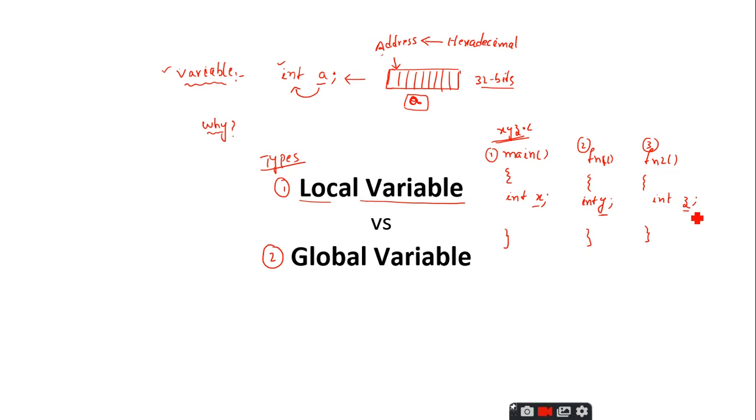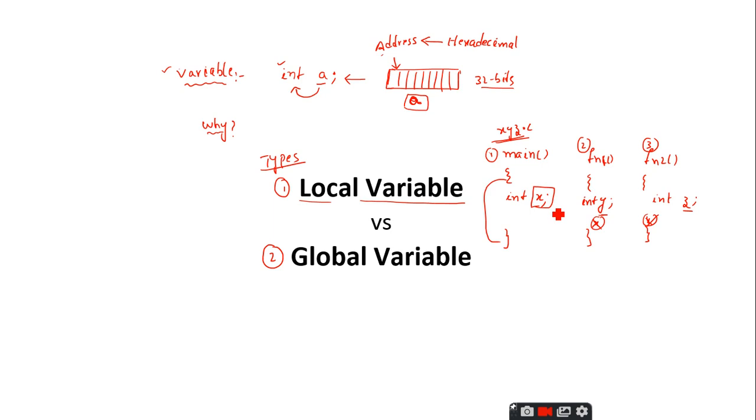What I mean by local is that the variables that are declared as local variables are accessed within that function only. So x is declared inside main, therefore x is local to main, and x can be accessed within main only. If you try to access x here or here, it will not give any value, or it will return some errors.